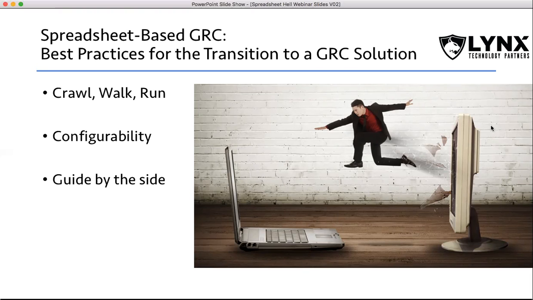So making sure that it's configurable for your needs, for instance, ensuring that you have the ability to move the scores from a previous audit into the GRC tool. That's very, very important for tracking purposes and for reviews.